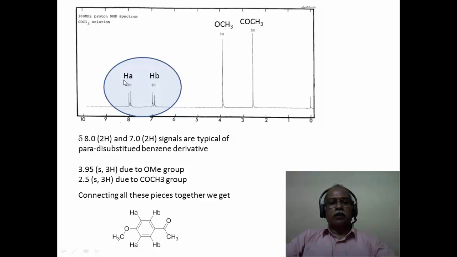This is wrongly labeled, I am sorry about it. This is HB and this is HA. The HB is adjacent to the electron withdrawing acetyl group, and the HA is adjacent to the methoxy functional group, which should be at a lower delta value here. The methoxy signal itself comes in the region of 3.95 or so, and the acetyl signal comes around 2.5 ppm or so in this particular NMR spectrum.